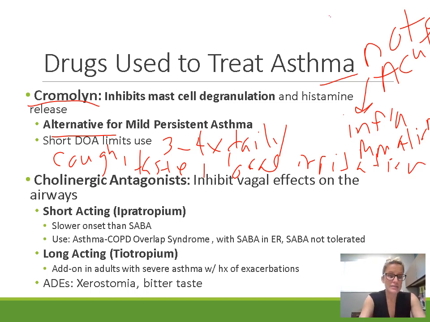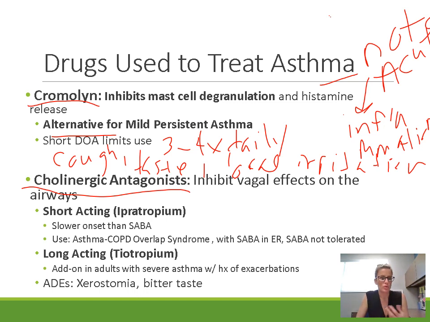Cholinergic antagonists block the vagal effects on the airways. Think about the cholinergic nervous system and what the cholinergic response is on the airways. Blocking these vagal effects means blocking smooth muscle contraction, right? So blocking constriction, blocking mucus production, which is also a problem because that clogs up the airways.